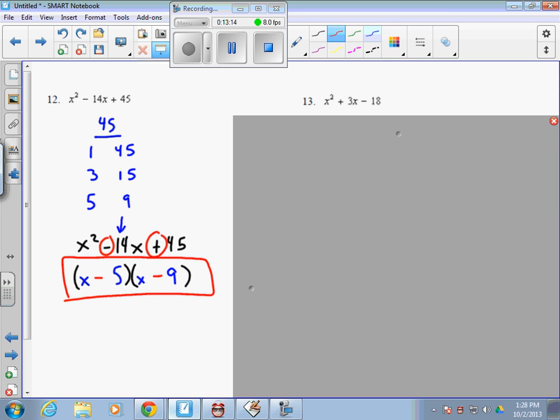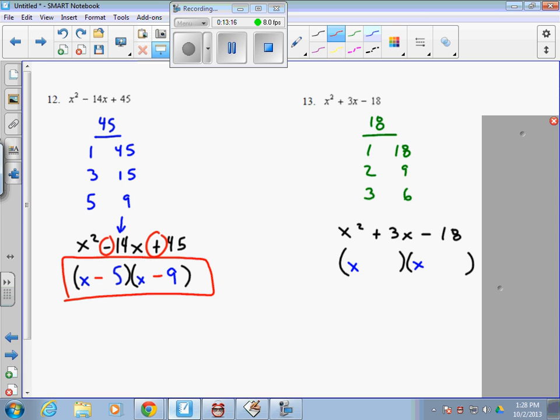x squared plus 3x minus 18. Factor out the third one in the trinomial, 18. 1 and 18, 2 and 9, 3 and 6. 3 and 6 is the pair that when you put them together is either going to give you the number 3 or the number 9. We need the number 3. So we have to use the terms 3 and 6. The sign in front of the third number tells you that they're going to be different.